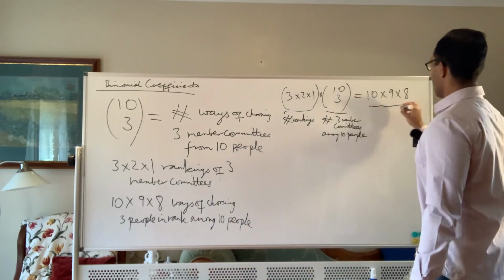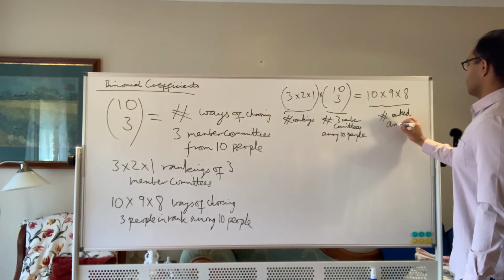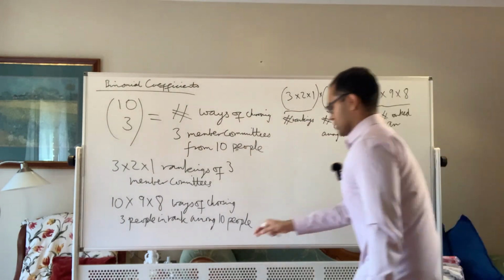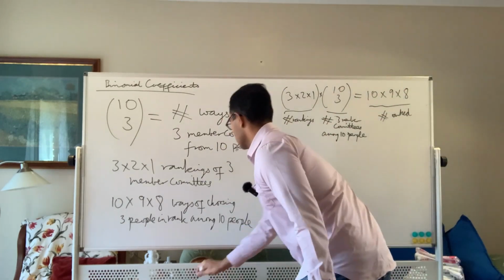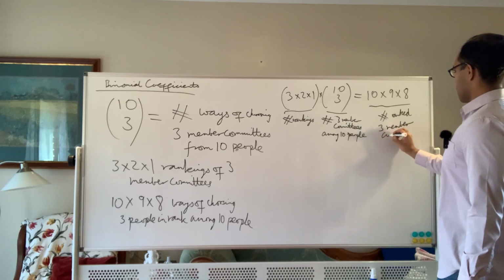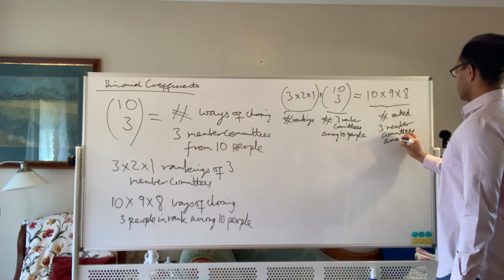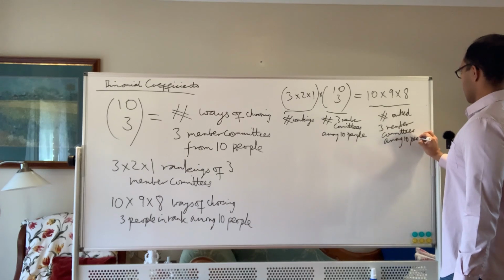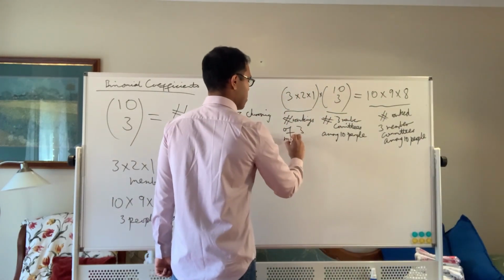And this is the number of ranked 3-member committees among 10 people. Okay, so number of rankings of 3-member committees.